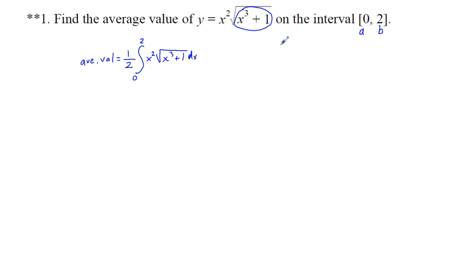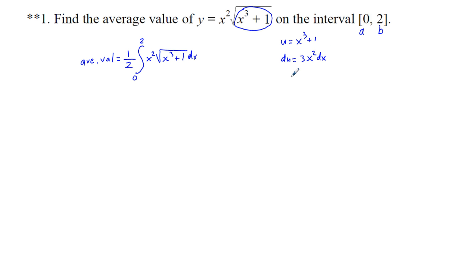So we're going to let u equal this quantity x cubed plus 1. And du is going to be equal to 3x squared dx.